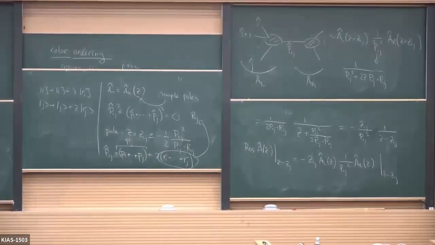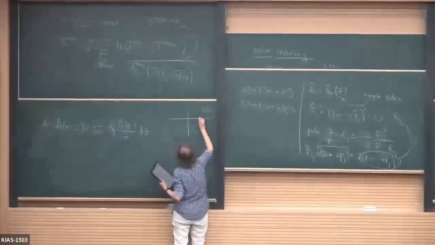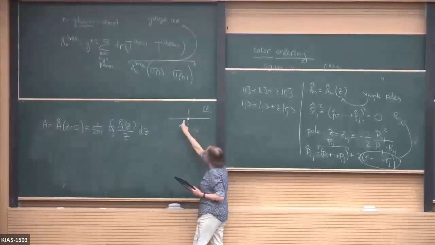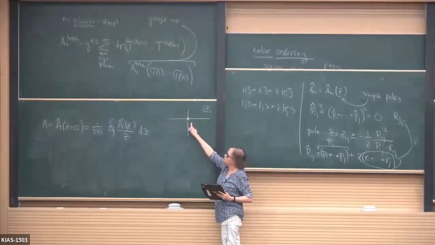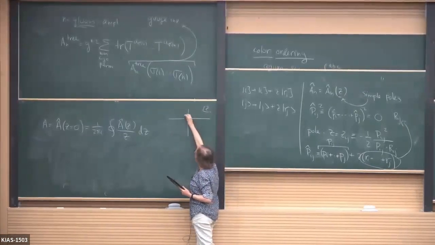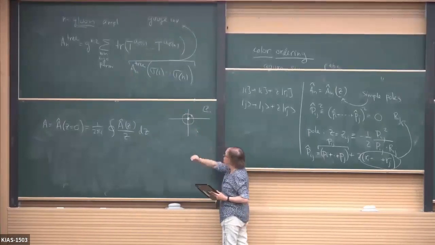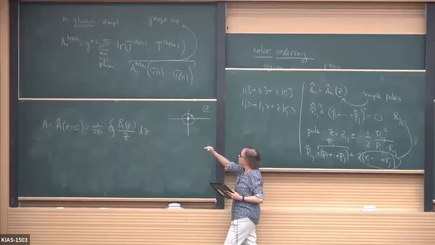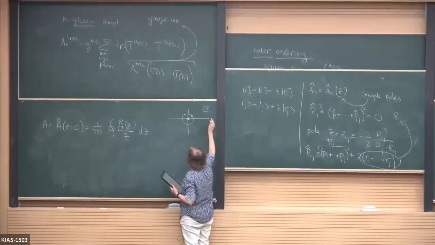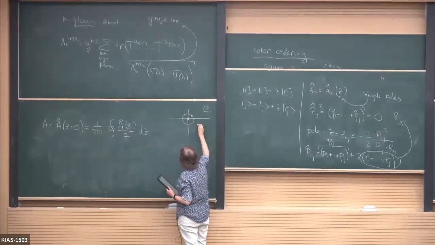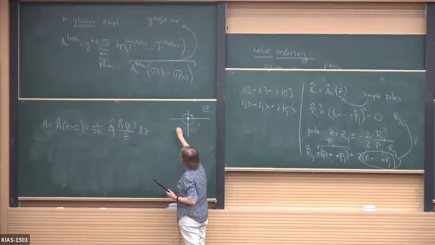But now we can deform this integral. So this is working in the z plane, and we have this residue at 0, which is the amplitude that we want, and we're integrating over this contour. But we can now deform the contour and pick up all the other residues.